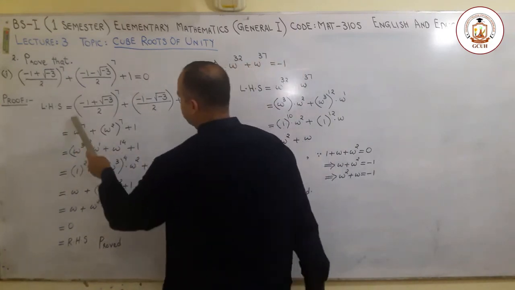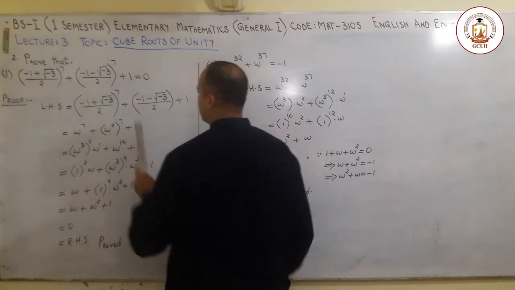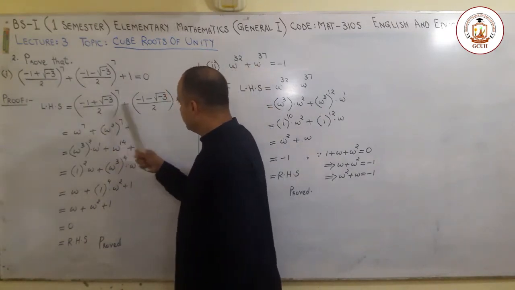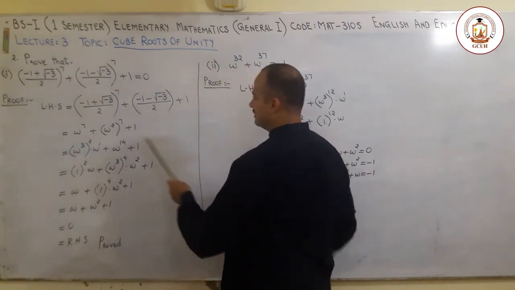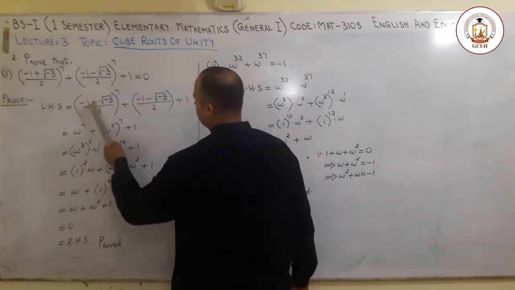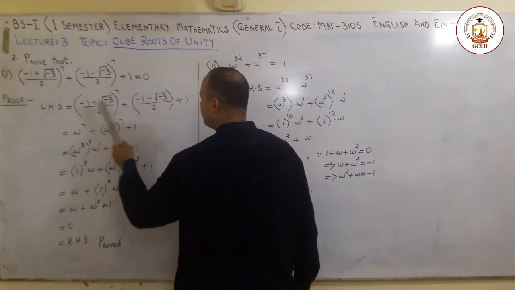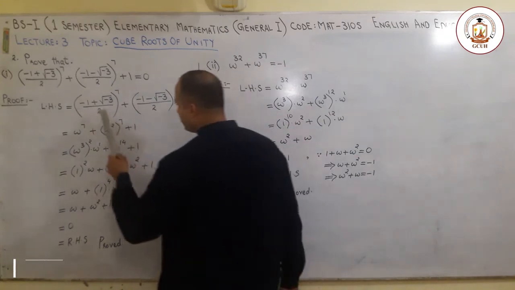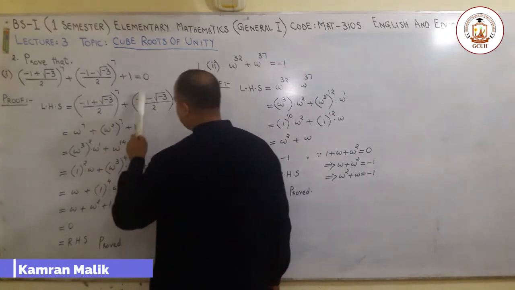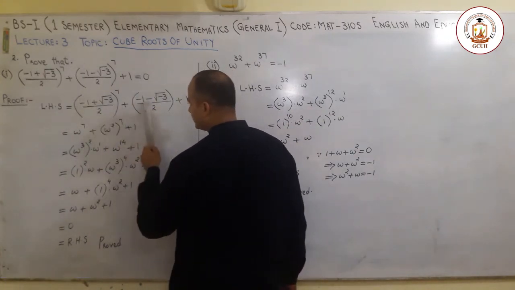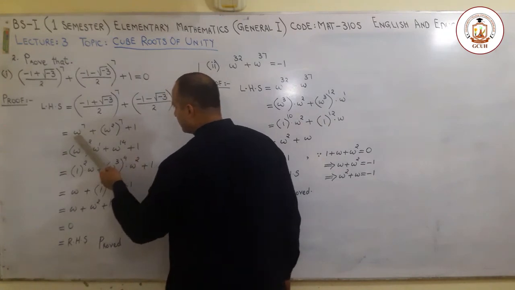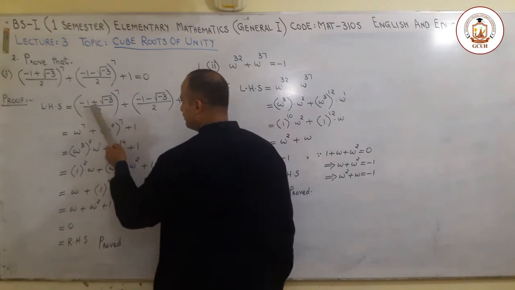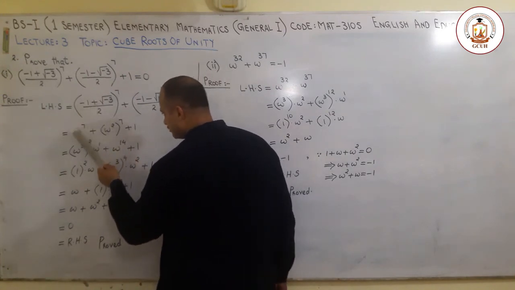If you note, the brackets involved in the left hand side are actually the two complex cube roots of unity, and we know that if we suppose any one of the complex cube roots of unity equal to omega, then the other will be its square.